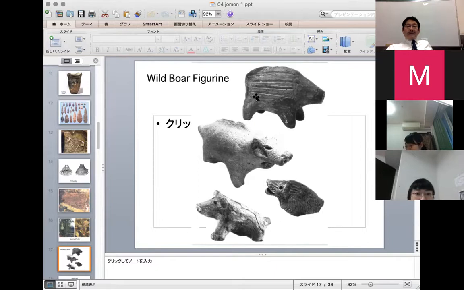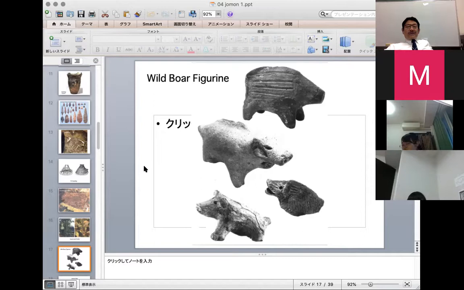And this is a particular stripe that appears in the baby boar. When they were born, they all bear this kind of horizontal stripes. And these stripes disappear as they grow up. So this is obviously a baby boar.